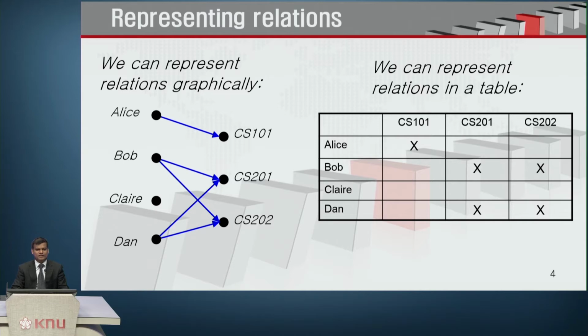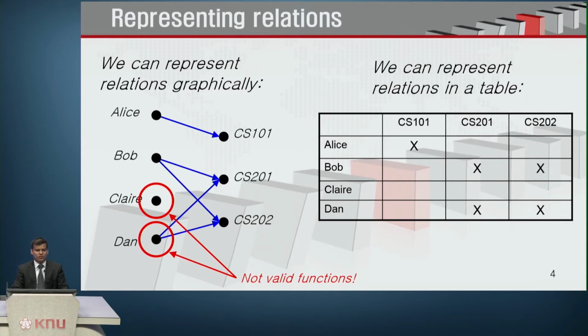Here it is. Alice is mapped to CS101, Bob is mapped to CS201 as well as CS202, Dan is mapped to CS201 as well as CS202. As we can see here, Claire is not mapped.